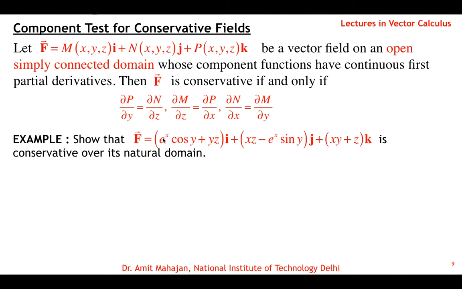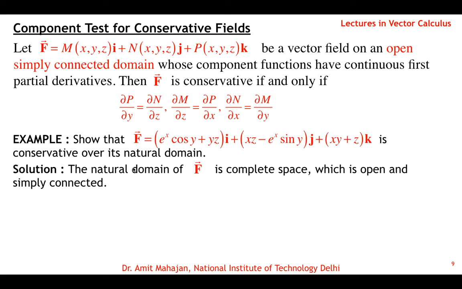If we calculate the first partial derivatives and this holds, then the field will be conservative over its natural domain, and its domain you can see is the complete space, which is open and simply connected.